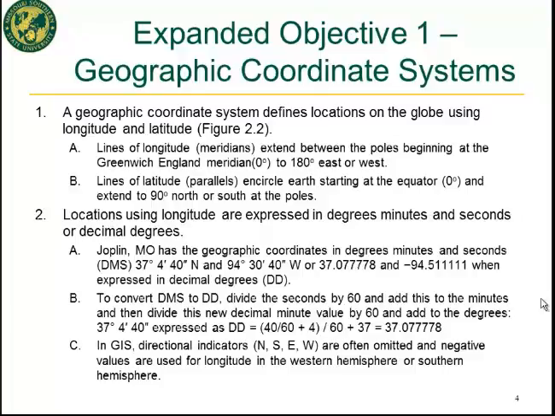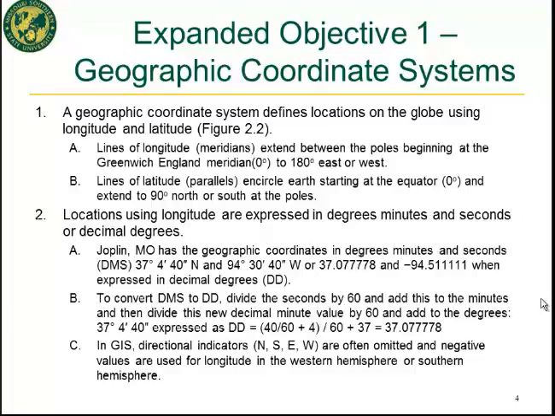For example, Joplin, Missouri has the geographic coordinates in degrees, minutes, and seconds, or DMS, of 37 degrees, 4 minutes, 40 seconds north, and 94 degrees, 30 minutes, 40 seconds west, that would be the longitude, and expressed in decimal degrees, that would be 37 point, and you see the fraction there, and minus 94.5, you see the rest of the fraction there. Again, those are decimal degrees.